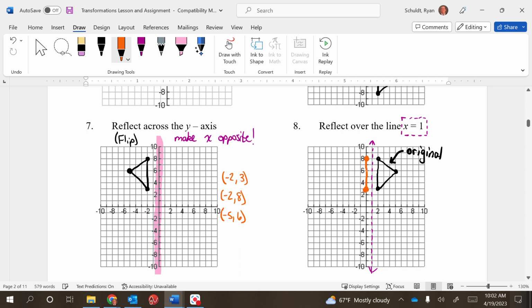So going the other way, 1, 2, 3, 4 from the line. Right here. There's our new. That's how we reflected him over. I flipped him over the line x equals 1.